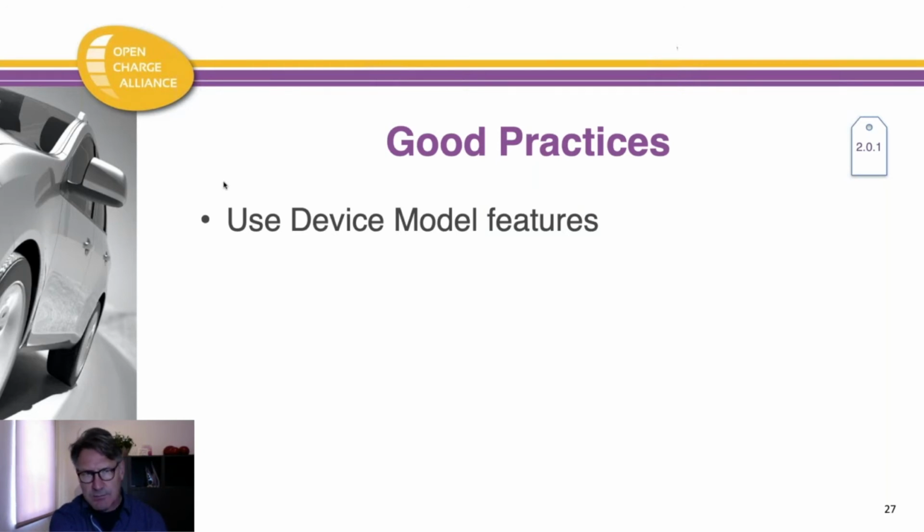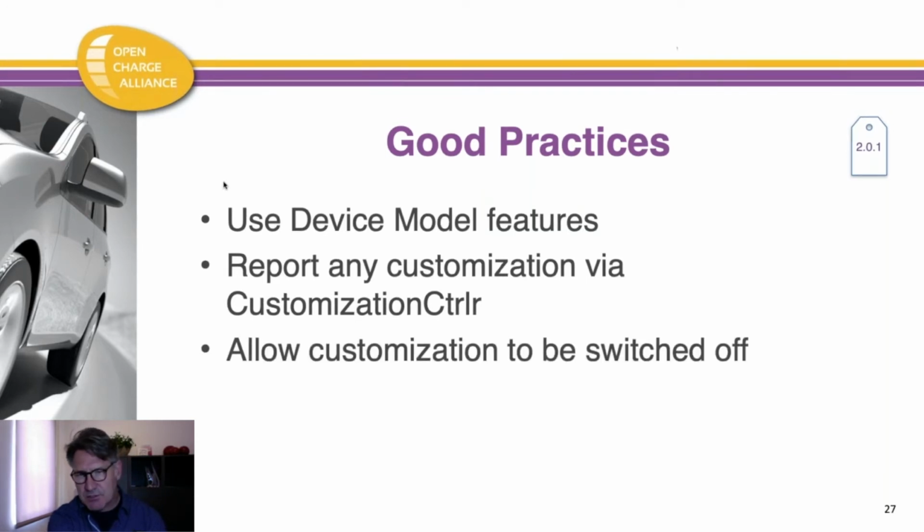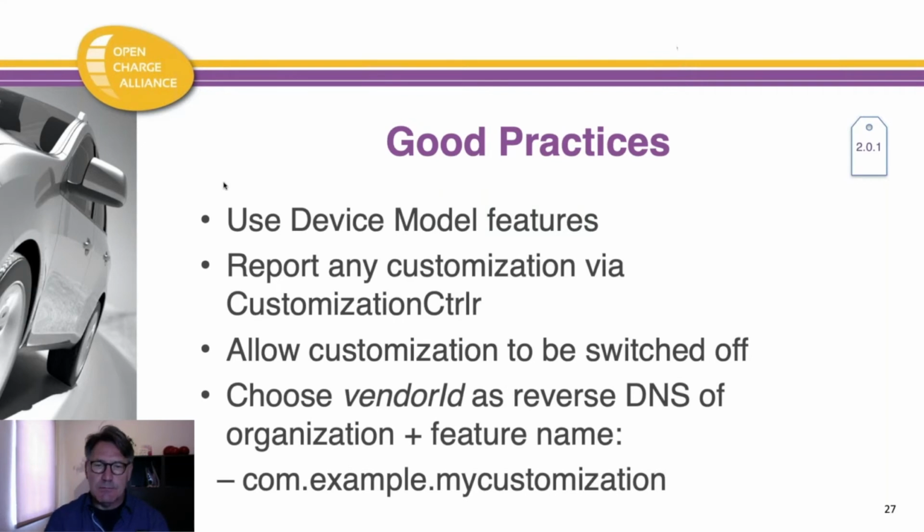If that doesn't work, then you can use custom data or data transfer. If you have a customization reported as a controller, allow the customization to be switched off. And be sure to choose a vendor ID as a reverse domain name of your organization and your feature, so that you can really switch off a specific customization or switch it on.